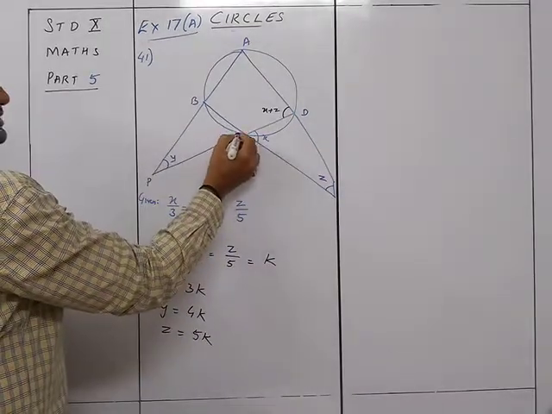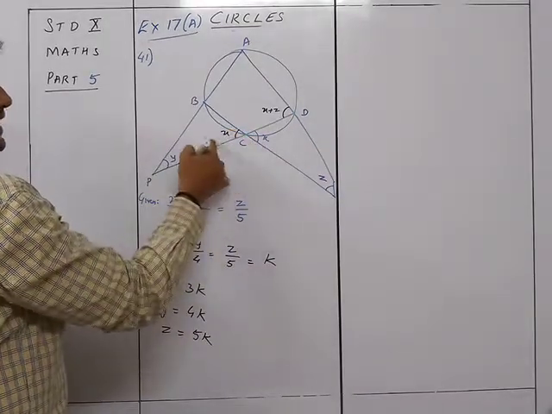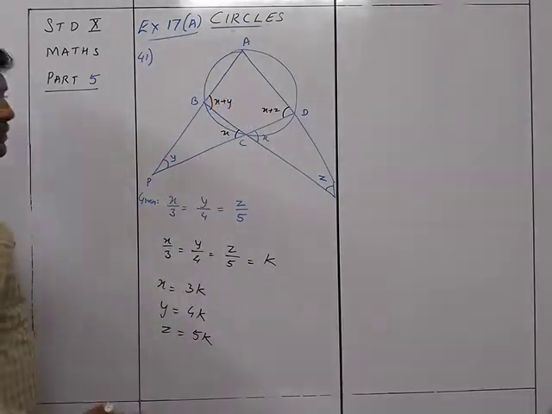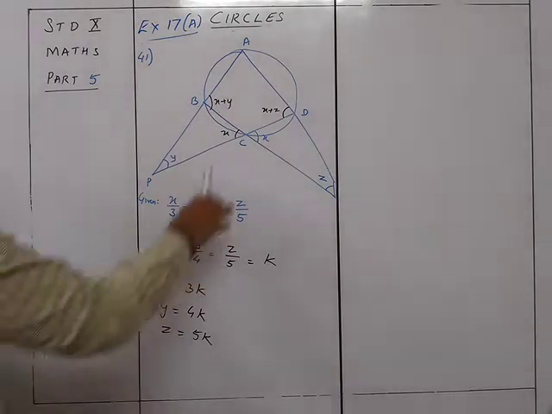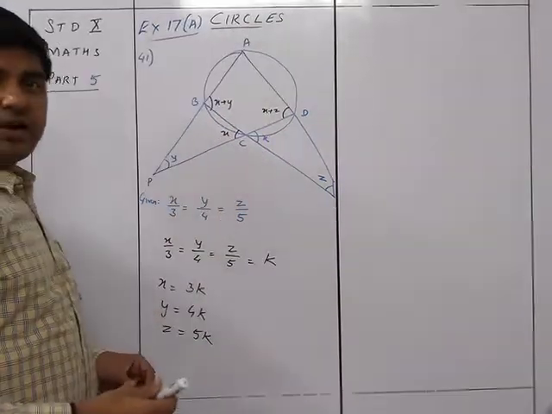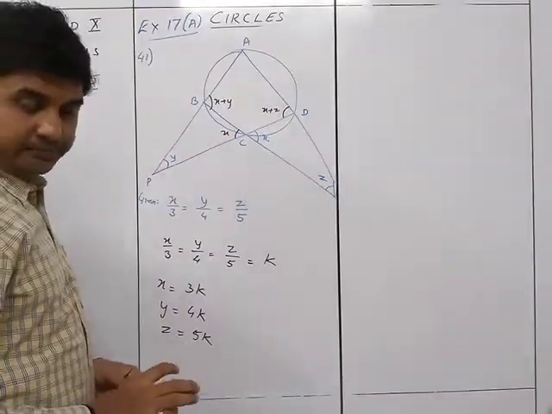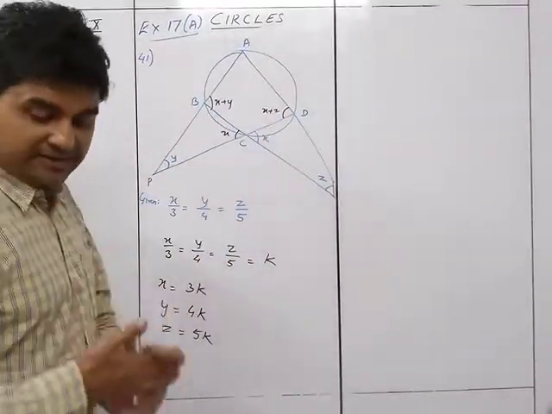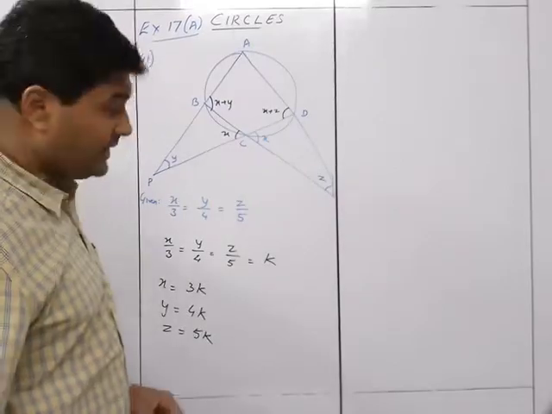If this is x, then this will also be x by vertically opposite angle. So this angle over here will be x plus y. And then they are the opposite angles of a cyclic quadrilateral, and they will be supplementary. So x plus y plus x plus z is equal to 180 degrees. That's what we are going to do. Sure. Let's start.